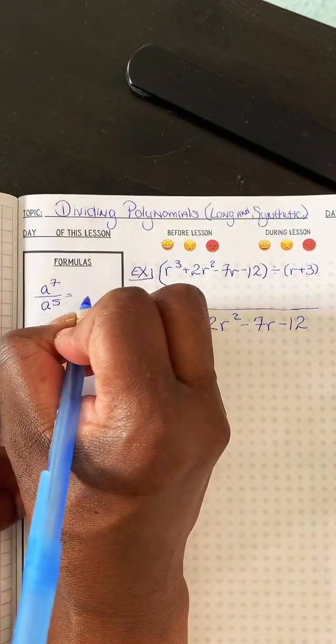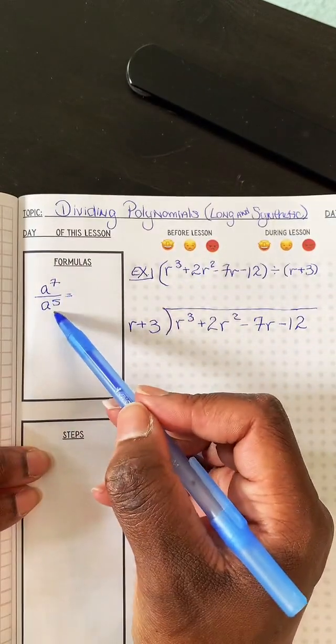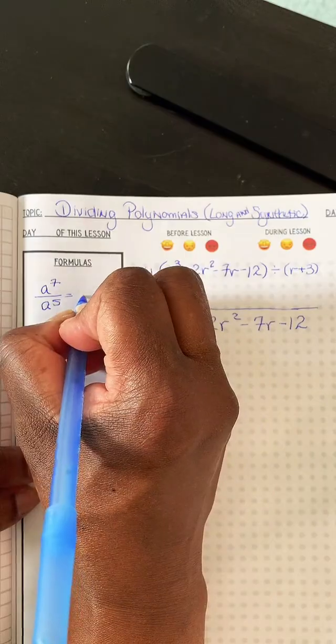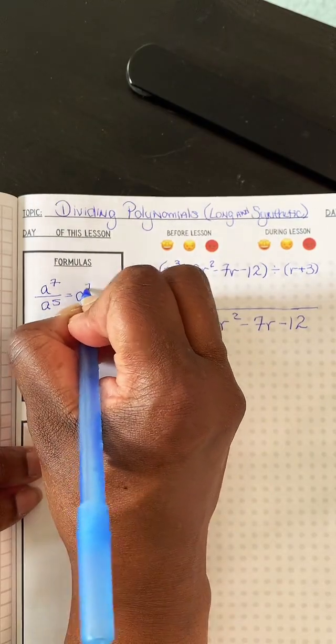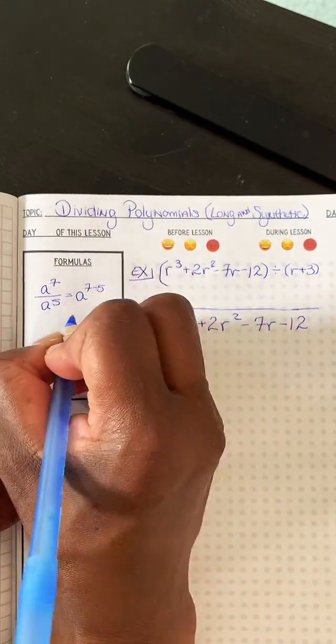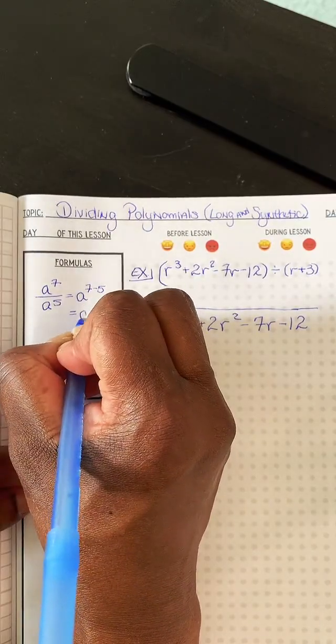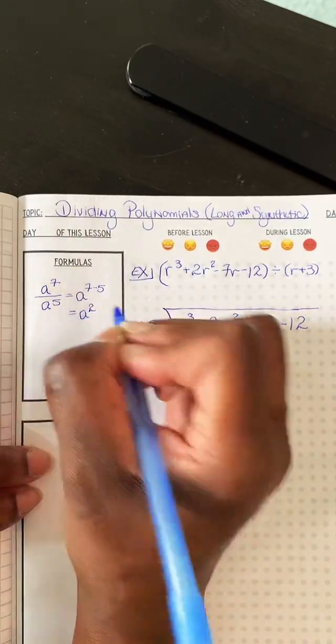That rule means when I'm doing division, I am subtracting my exponents, which gives me a squared.